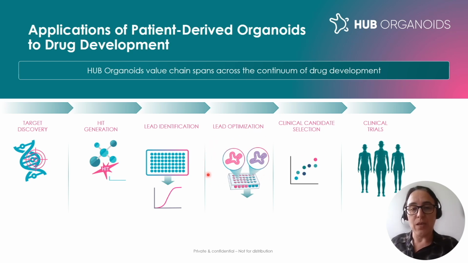And we see that currently organoids already have a relevant positioning in the area of lead identification and lead optimization. So we have already developed a number of assays and represented a number of diseases with different types of organoids, in which compounds in this area are already being tested or evaluated before moving into clinical trials.